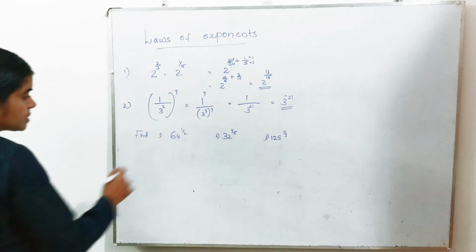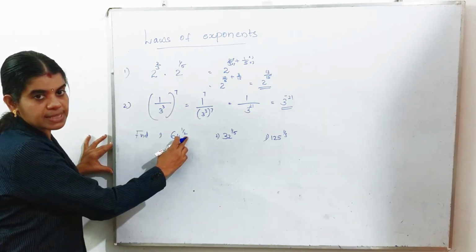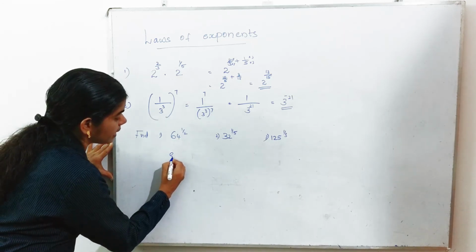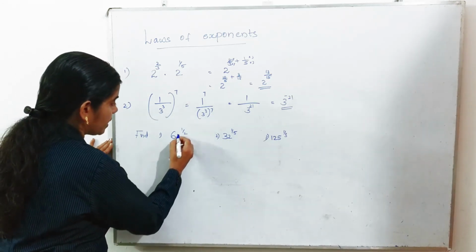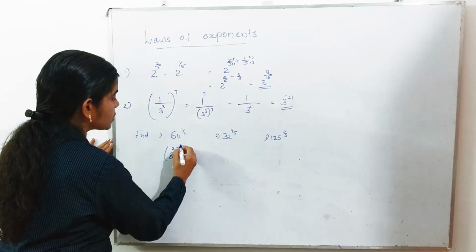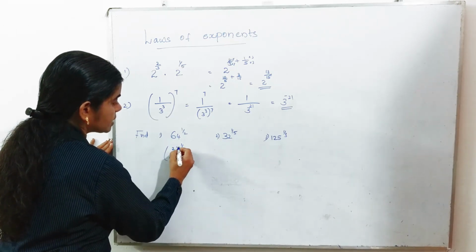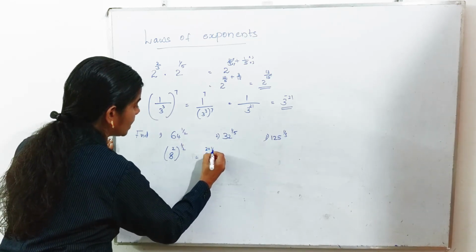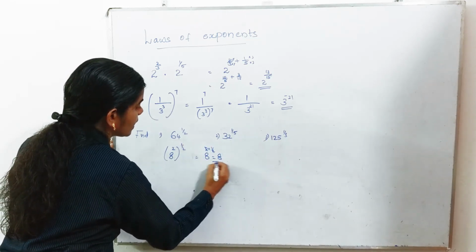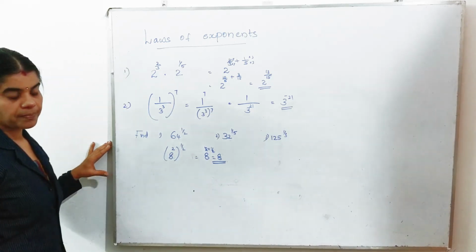Then 64, here 1 by 2 is there. How can you write 64? 8 square, 8 into 8 is 64. 8 square all raised to 1 by 2 means 8 raised to 2 into 1 by 2. We can cut this. Therefore our answer will be 8.